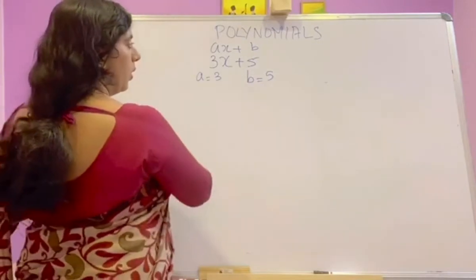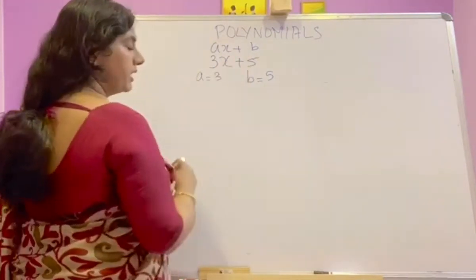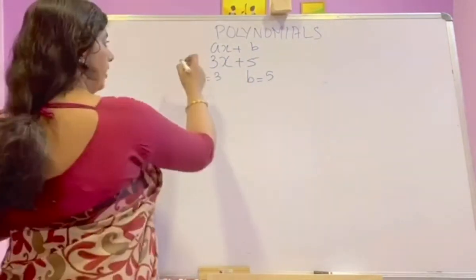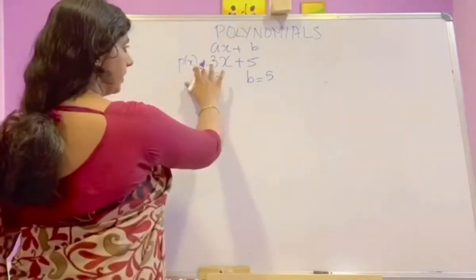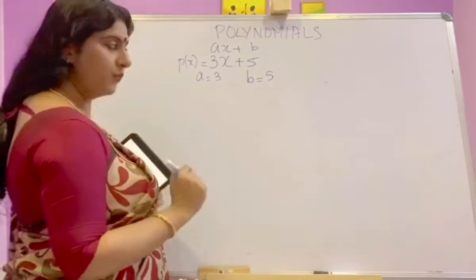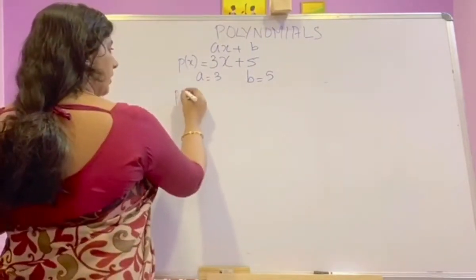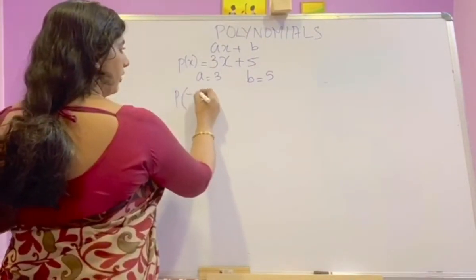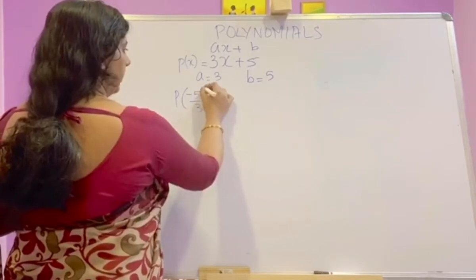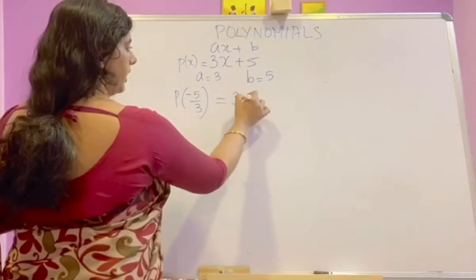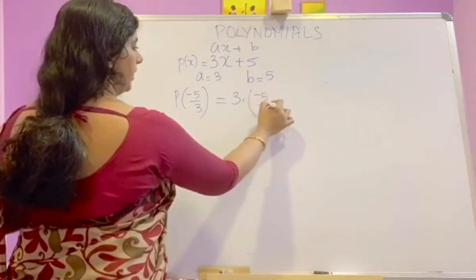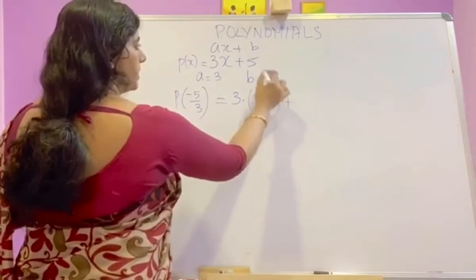Now, what will be the zero of this polynomial? That is, when we substitute a value for x, the answer should be 0. Let us find p of negative 5 by 3. Now, instead of x, we will write 3 into negative 5 by 3 plus 5.